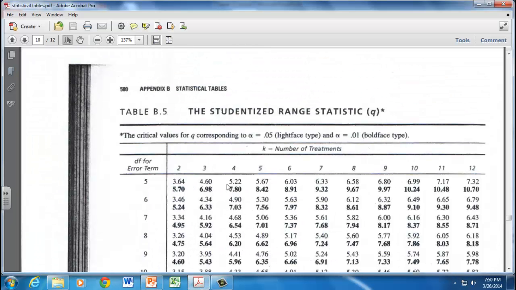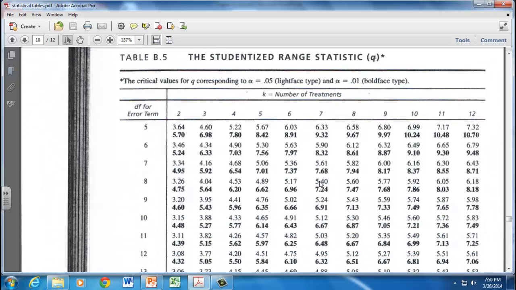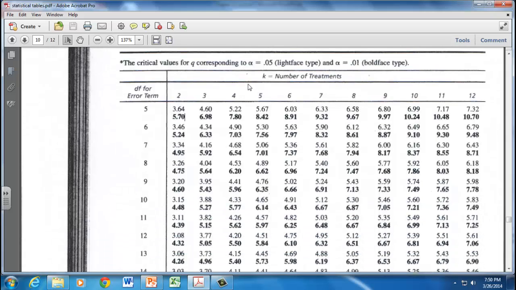So you'll see the studentized range statistic table. It's B5 in the back of your book, and you'll see the little Q here, which tells you, hey, this is the Q table. So you need to know the degrees of freedom error. Well, the degrees of freedom error is referring to, in this case, the degrees of freedom within. So in the ANOVA, the degrees of freedom error refers to degrees of freedom within.